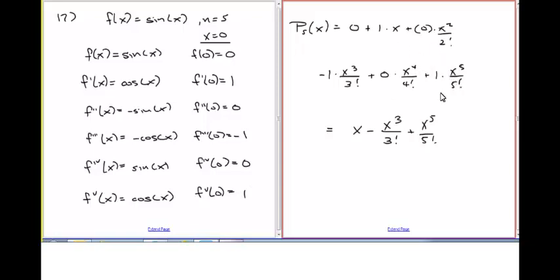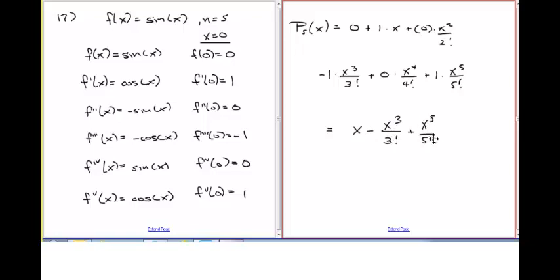And so this term and this term drop out because they're just 0, and you just end up with these odd powers. So x to the first power divided by 1 factorial, but we just rewrite it as x, and you get negative x cubed over 3 factorial plus x to the 5th over 5 factorial.